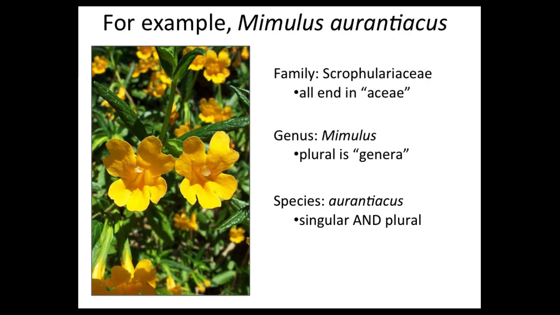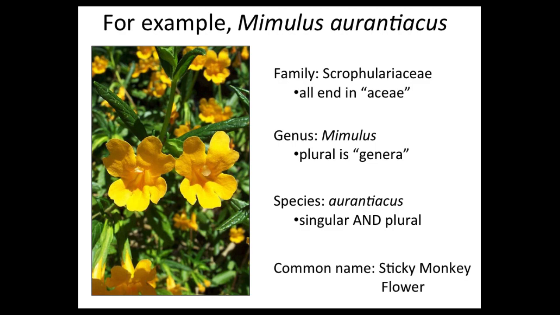Therefore, we have to get to the species level, which is Aurantiacus. And a note about the word species is both singular and plural. So this Aurantiacus is the species name. We never say specie, meaning I dropped the S on the end. We only say species.